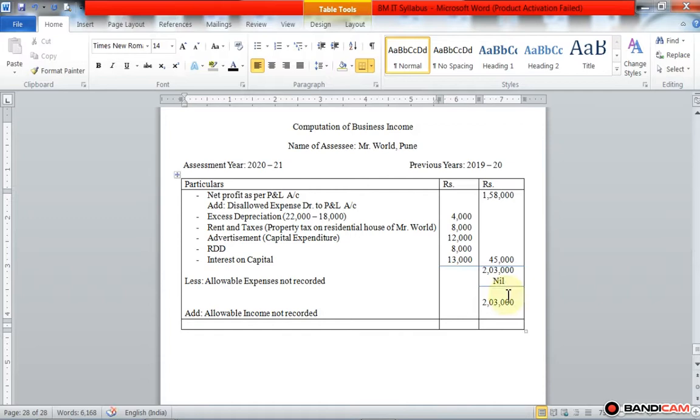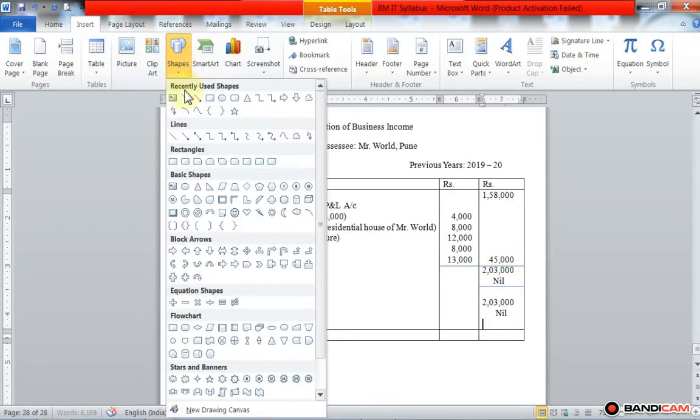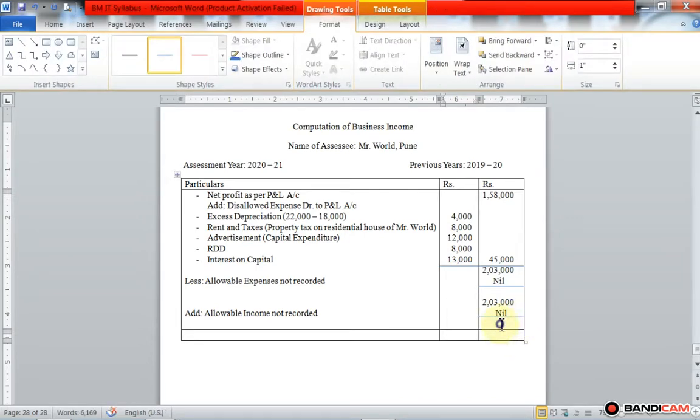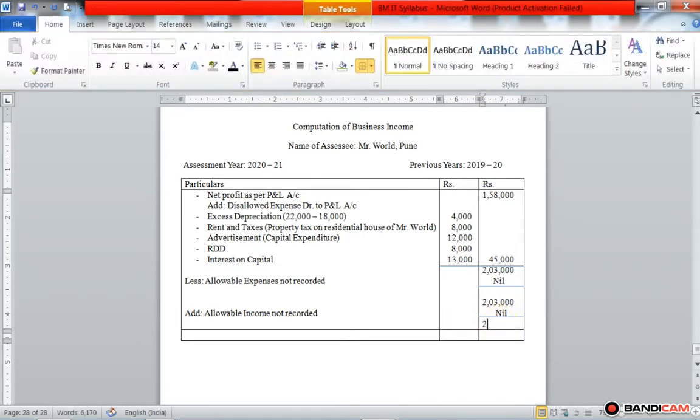Allowable business income is also not given, so here it is also nil. Make the total, and the total is the same, that is 2,03,000.